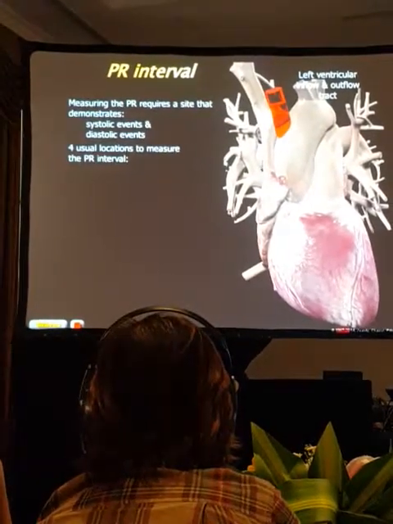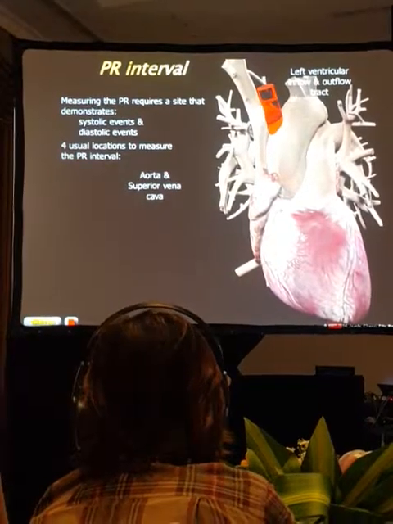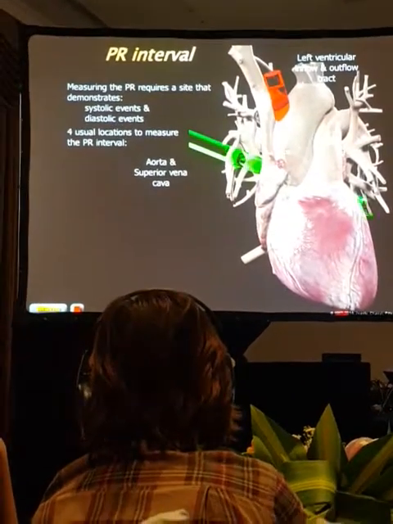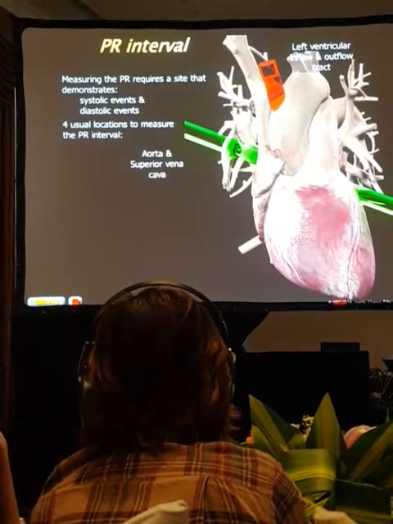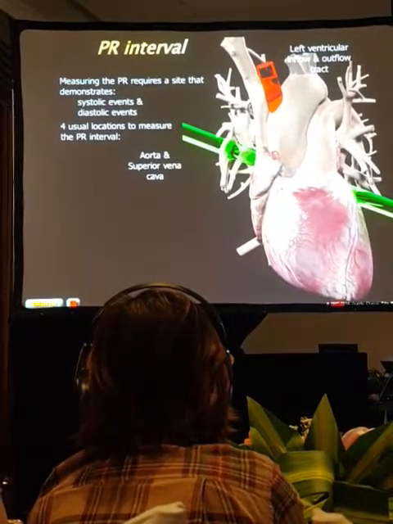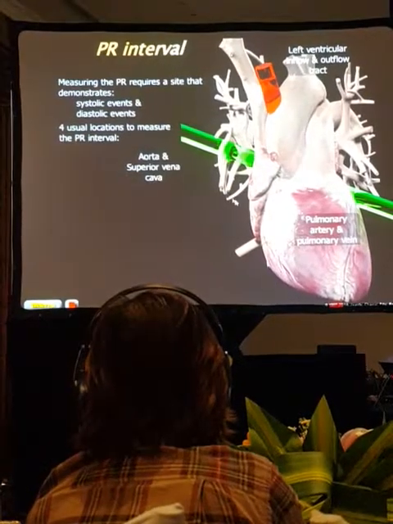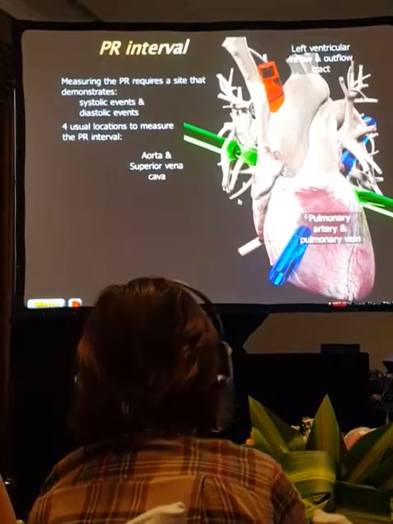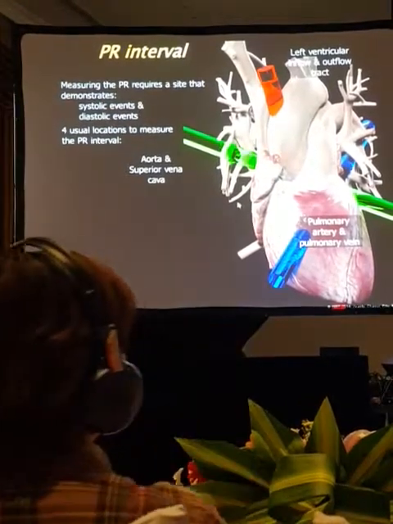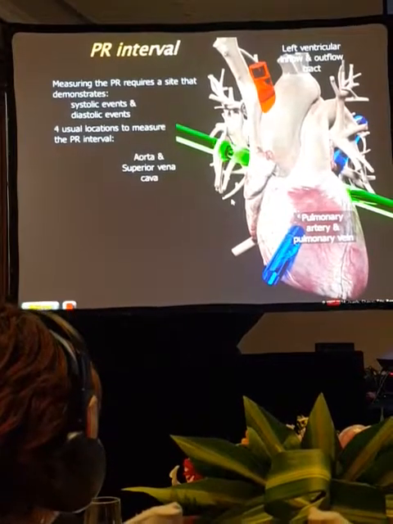Or you can take the aorta and superior vena cava, because the beam can capture both at the same time, with venous signal on one side and arterial signal on the other. Or you can go anywhere in the pulmonary circulation, because almost anywhere you'll have a pulmonary artery and vein side by side, and you'll be able to get the flow.